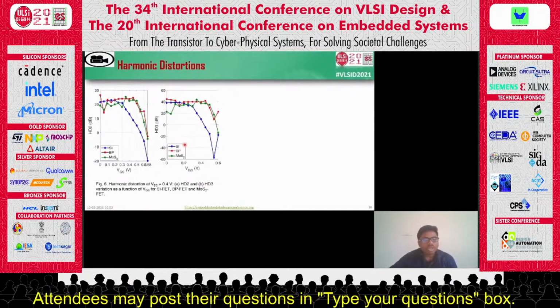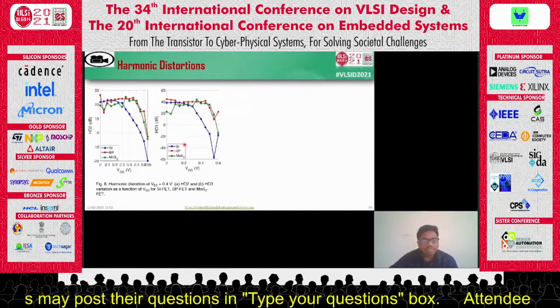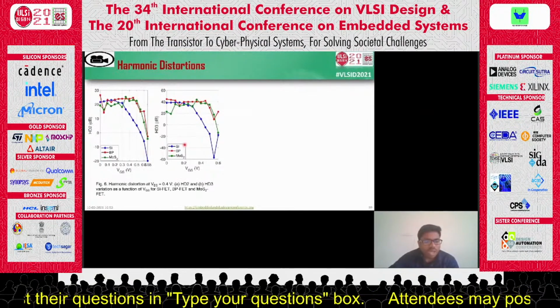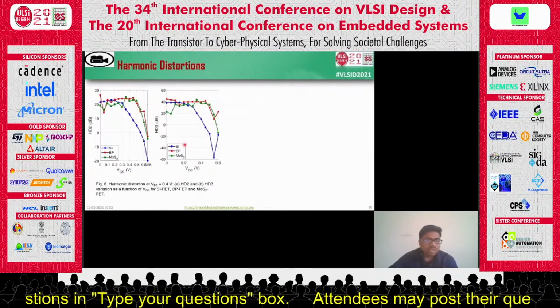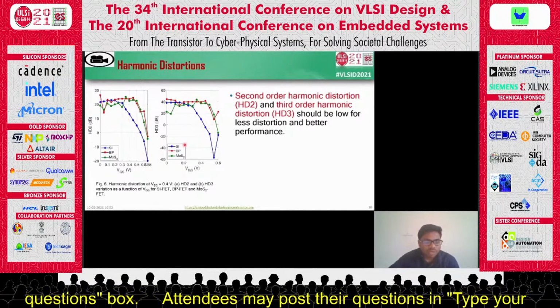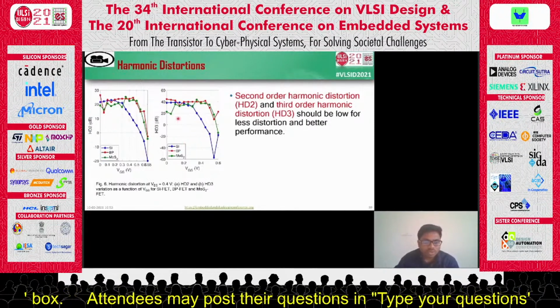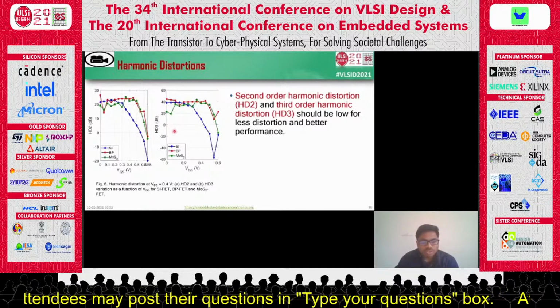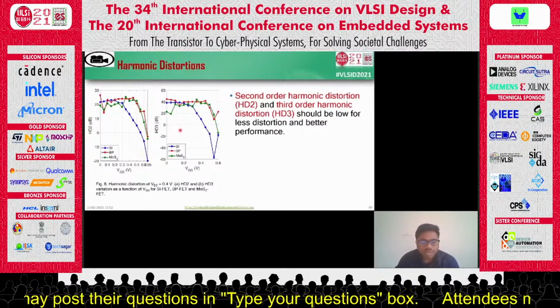And figure 6 shows the harmonic distortions at VDS 0.4 volt. Figure 6a shows the second order distortion HD2 as a function of gate voltage, and figure 6b shows the third order distortion HD3 as a function of gate voltage.